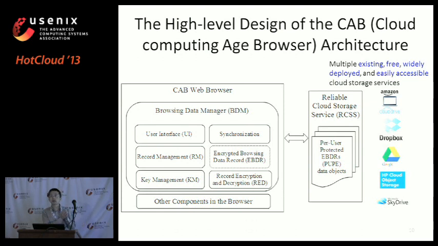All the data will be saved to cloud storage services. On the browser side, we have multiple components. For example, the user interface component provides one single place for the user to provide the account information and the master password, to protect against phishing attacks.